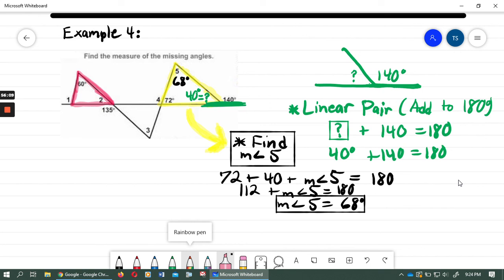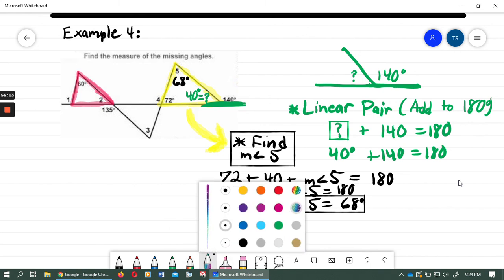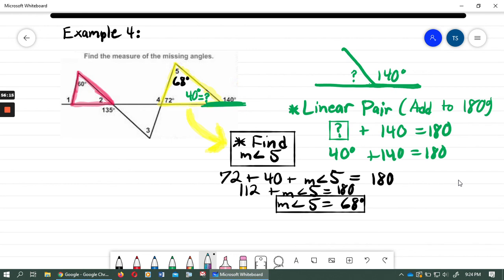All right, so guys, with the measure of angle 4, you should notice that it forms a line with that 72 degrees angle. It forms a straight line there, right?